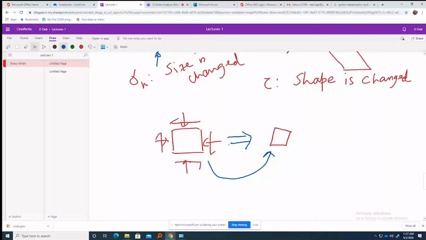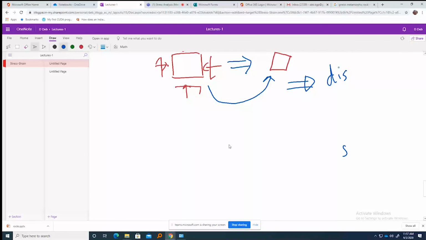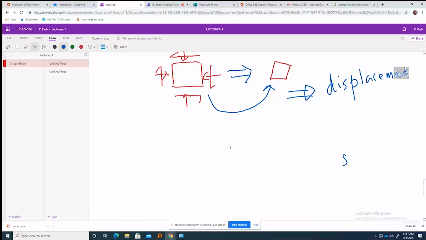So there is a relationship with what we call displacement. That means something has caused the displacement.